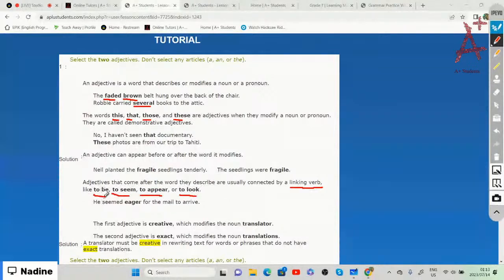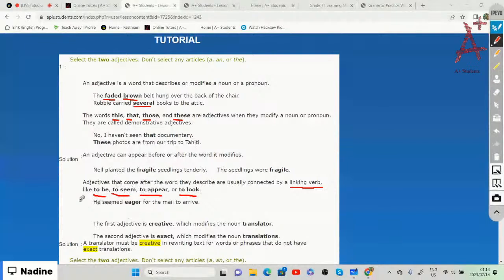So adjectives that come after the word that they describe are usually connected by a linking verb. Not always, but most times. Like to be, to seem, to appear, or to look.